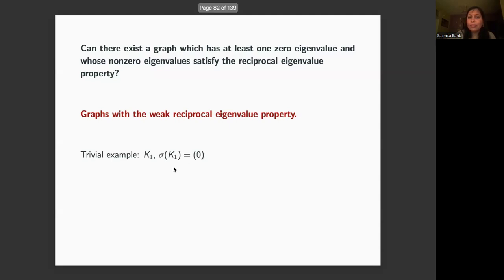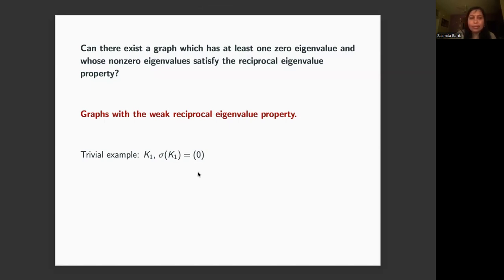The first example you can observe is K1. K1 has spectrum 0, so there is no other eigenvalue, and trivially it satisfies the weak reciprocal eigenvalue property. It's a trivial example, with no non-zero eigenvalues.